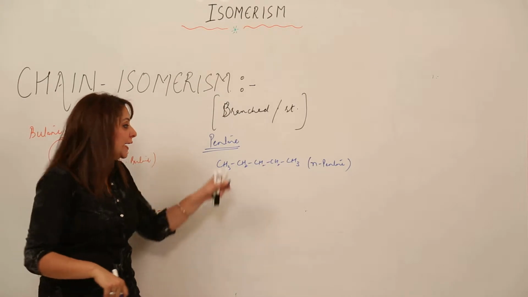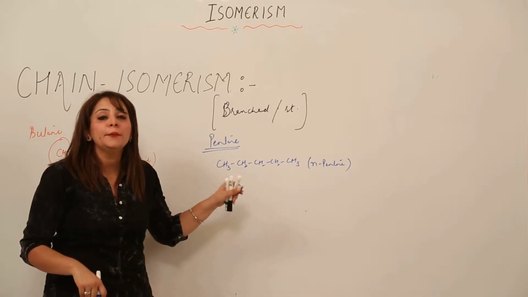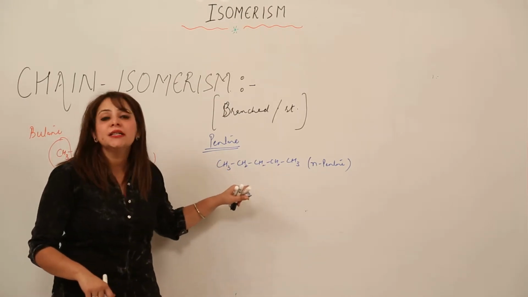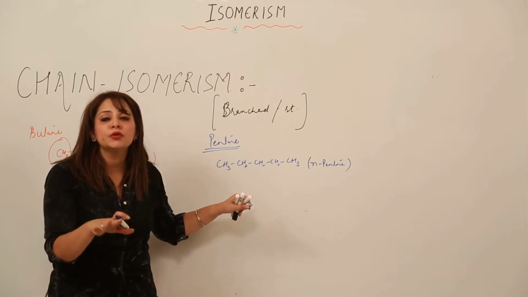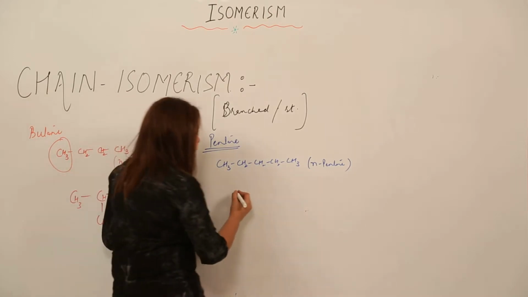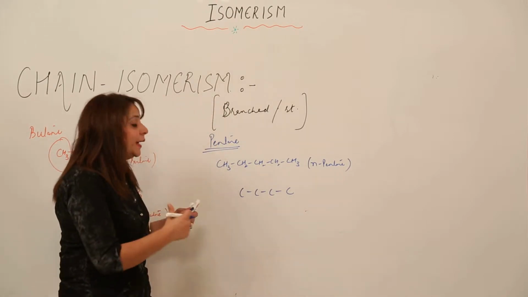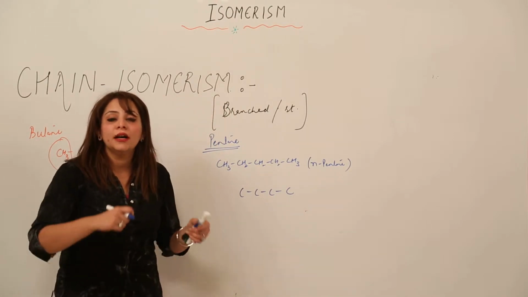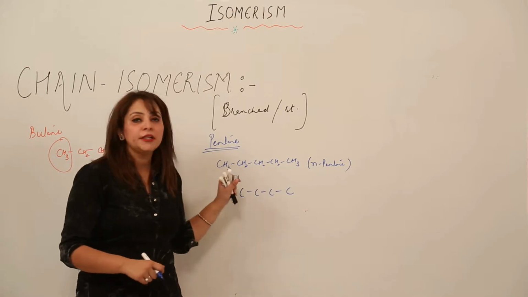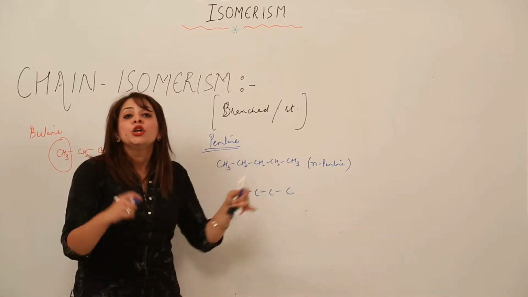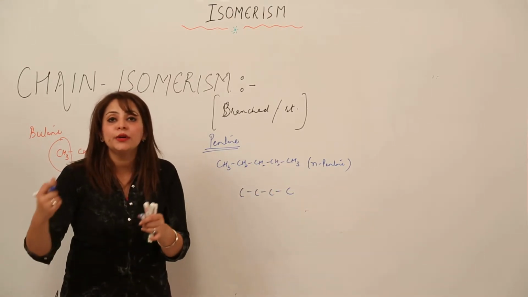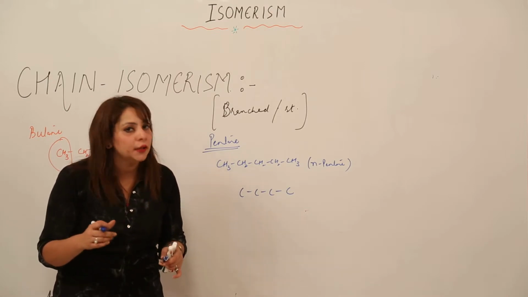If I wish to make an isomer of it, then what am I going to do? See, initially the chain consists of 5 carbons, so I am going to reduce it to 4 carbons, right? So I have a chain of 4 carbons now. Now what am I going to do with the 5th one? I am going to shift the CH3 from the terminal position, either this or that, and attach it to any carbon which is present at a non-terminal position.